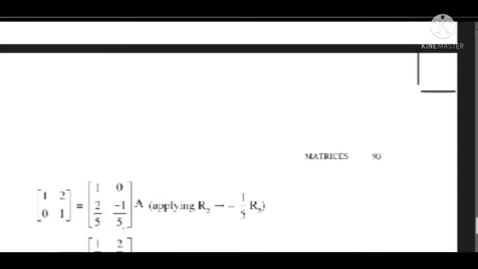Now again we are going to change the first row: R1 goes to R1 minus 2 R2. So you have to multiply the second row by 2 and subtract from the first row. If you multiply the second row by 2, you will get 0 and 2. Subtracting from 1 and 2, 1 minus 0 gives 1, and 2 minus 2 gives 0.